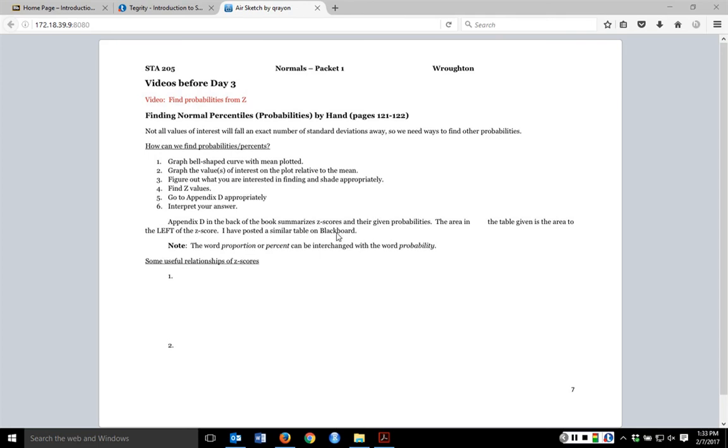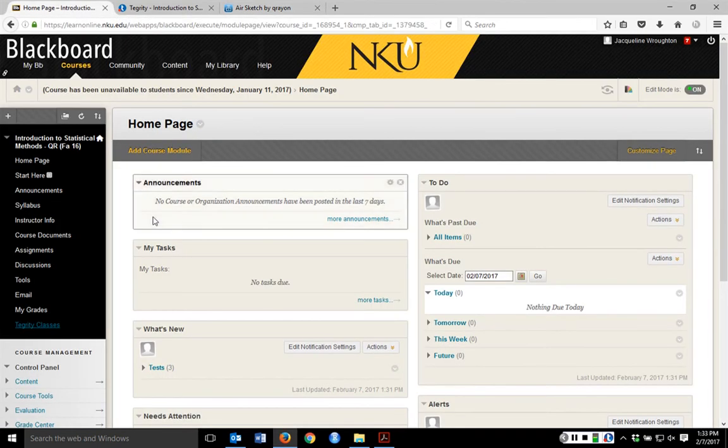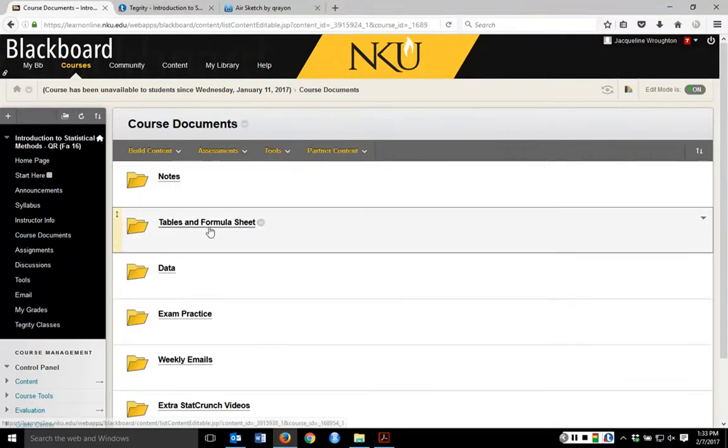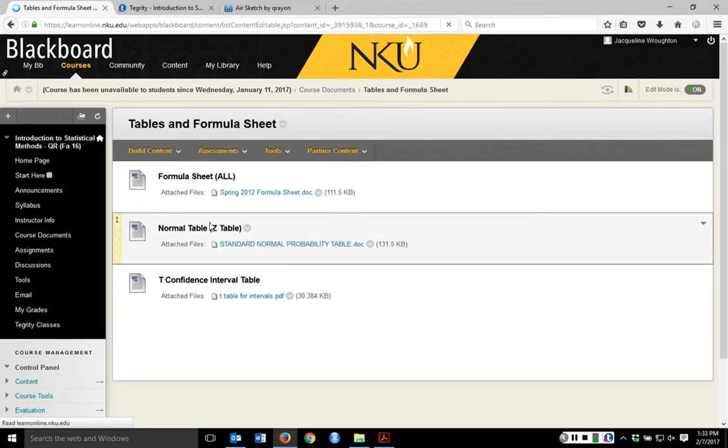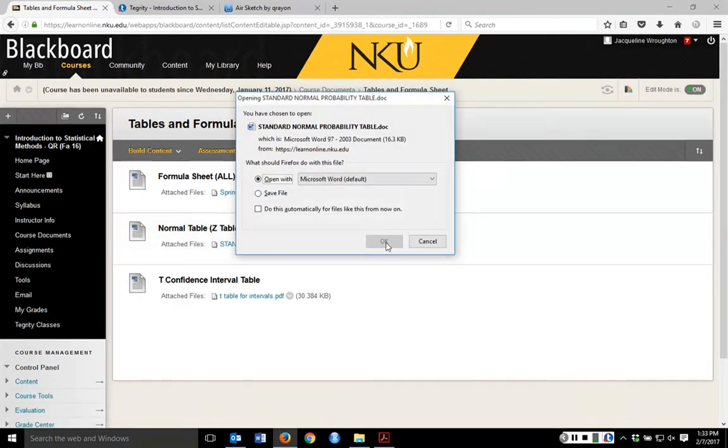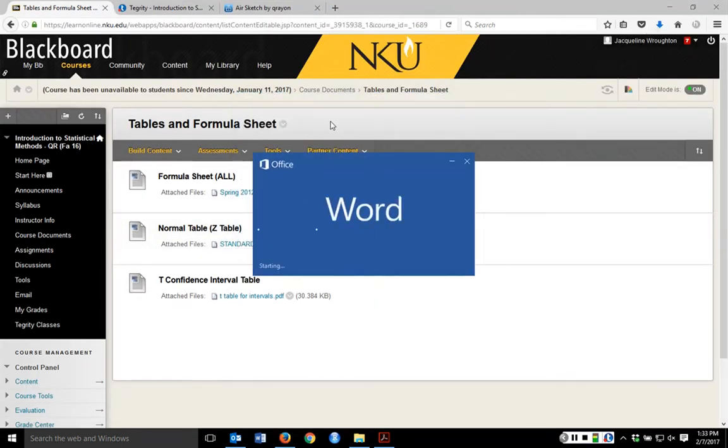We're going to be using the Z table. So the first thing I'm going to do is actually pull that up because you're going to be using it, and that's where I'm going to be using it as well. It's going to be under your course documents folder, in the tables and formula sheet folder, and then there's this normal table. We're going to be using that for this video.